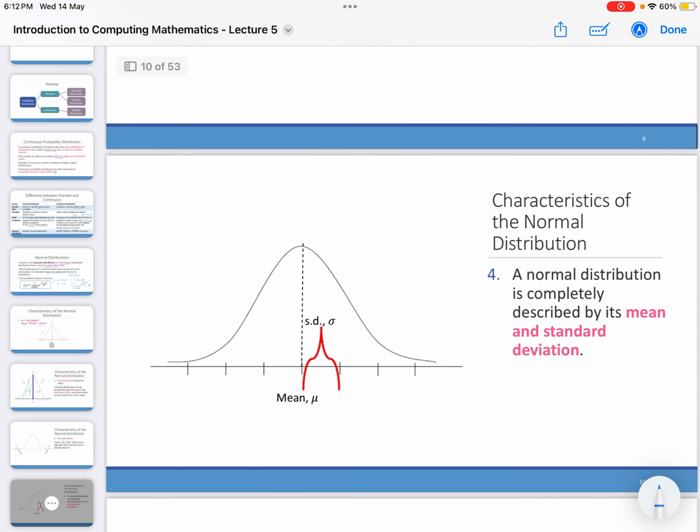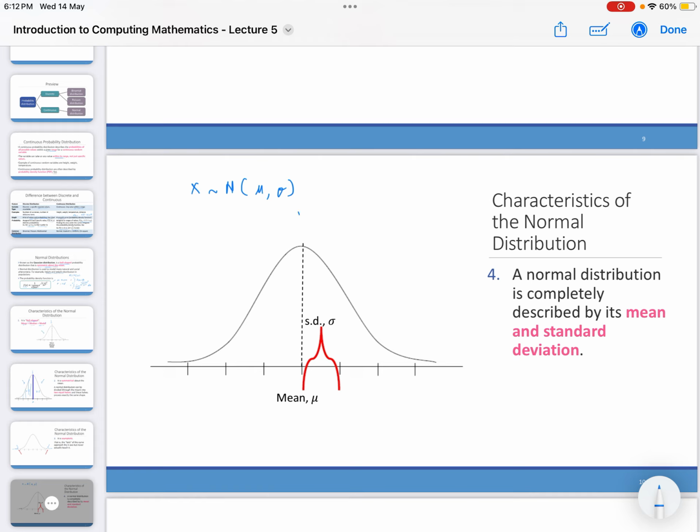Okay, and then the fourth one: a normal distribution is completely described by its mean and standard deviation. So when we say normal distribution, we have X with this symbol, and then we have the mean and also the standard deviation.